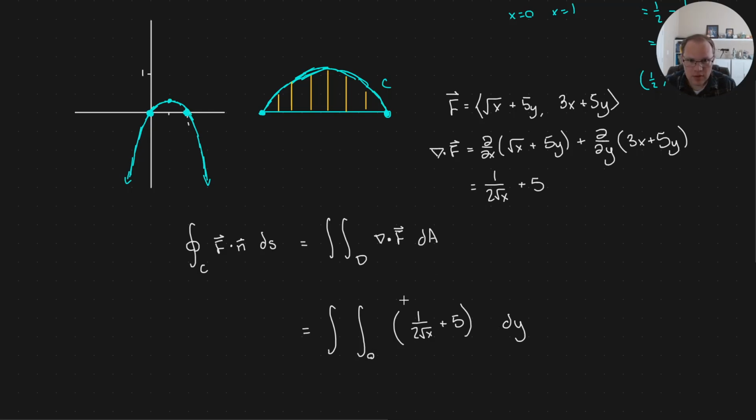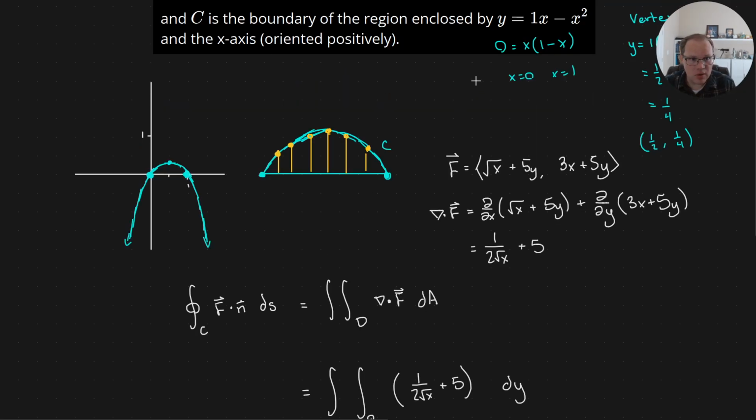And each slice ends on the edge of the parabola, which was y equals x minus x squared.